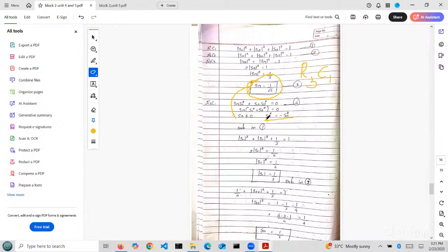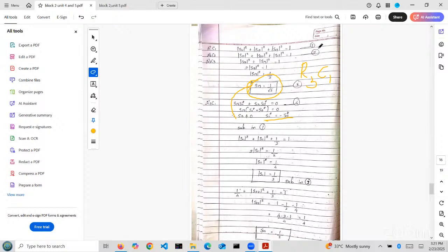This one I am substituting and calculating S11. I substitute it in equation number 1. What is equation 1 we have? S11 we have. In place of S12, I am substituting S11 again. As we have a square, it becomes positive only. Actually, here we have S11 equal to minus S12. After making the square, this is positive only. Plus 1 by 2.